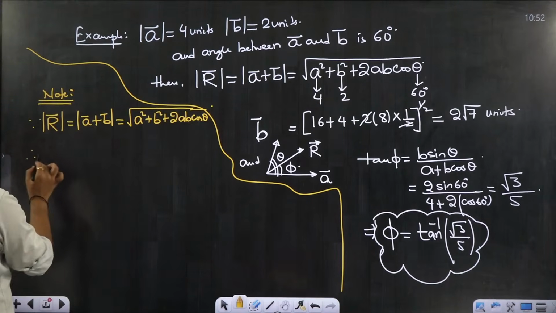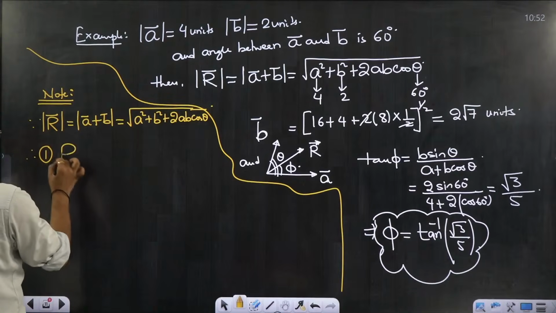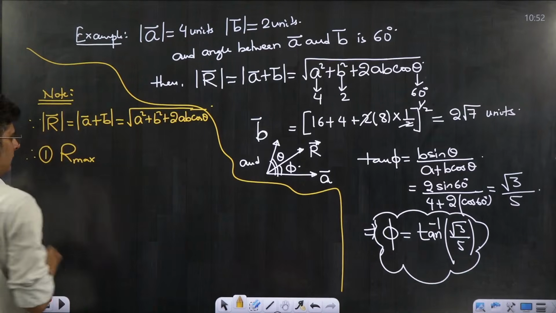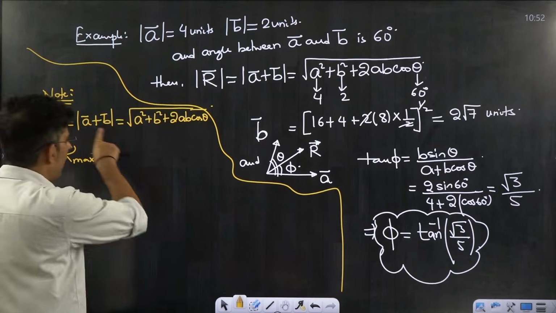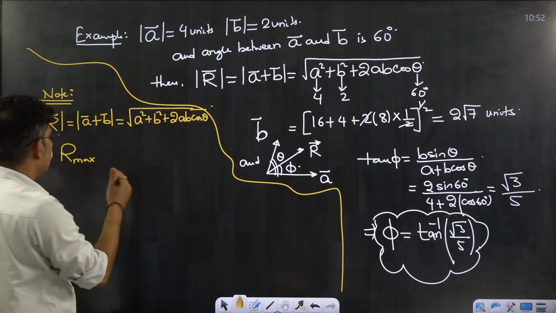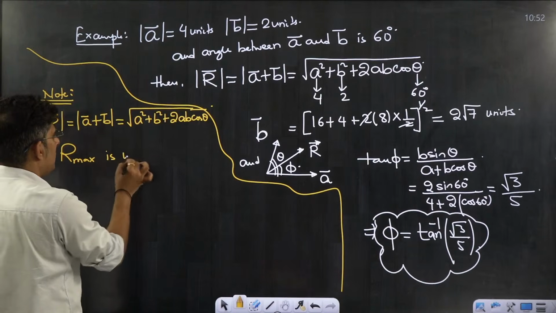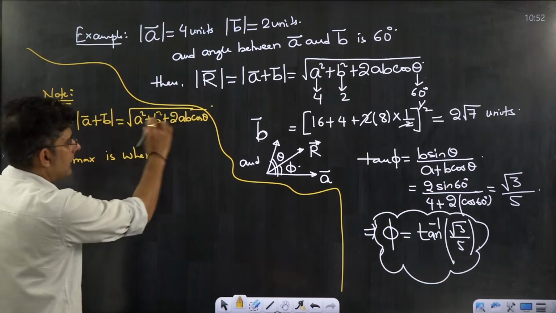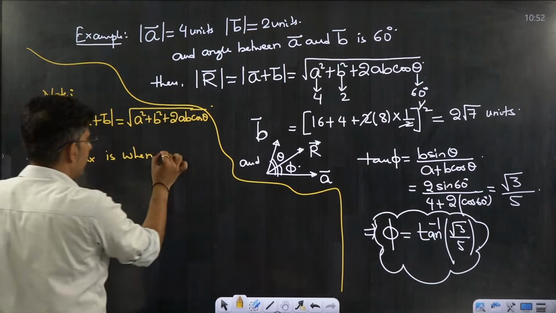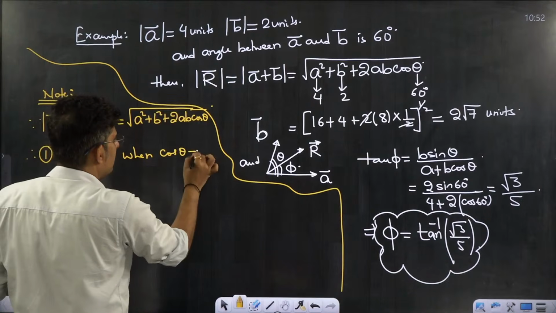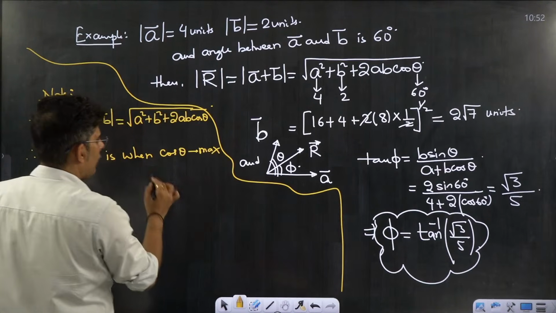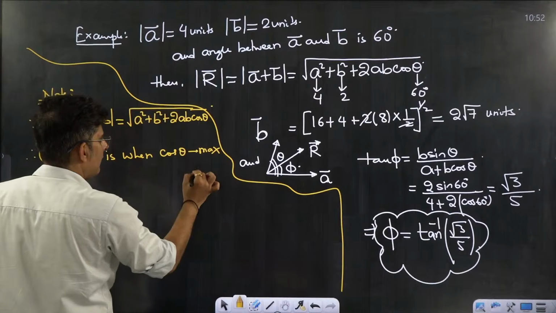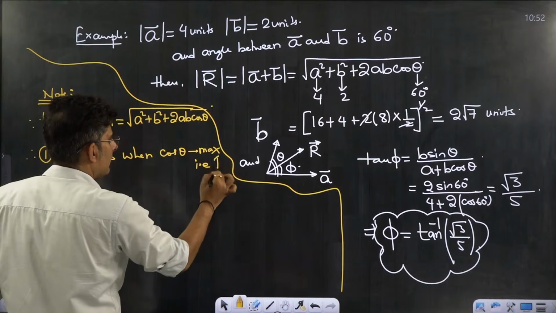Now therefore, number 1, maximum resultant. All the terms are constant except theta, so the resultant is maximum when this term becomes maximum. Now all are getting added, so the maximum is when cos theta is maximum. Cos theta maximum, you know, is 1.